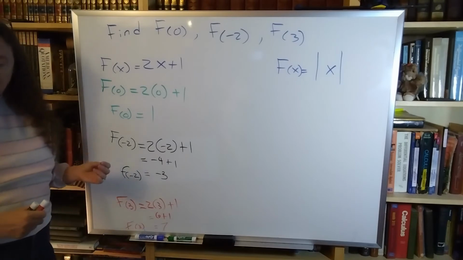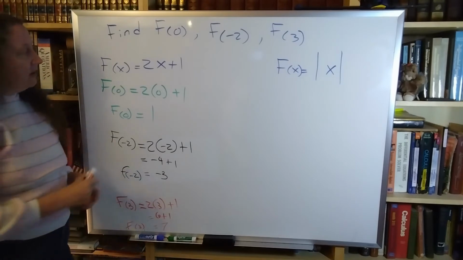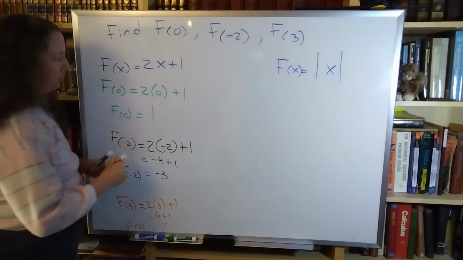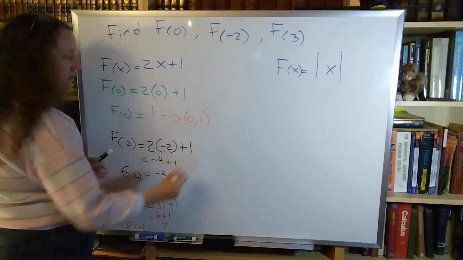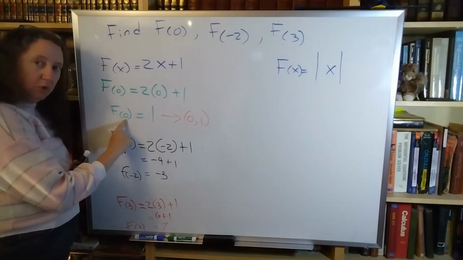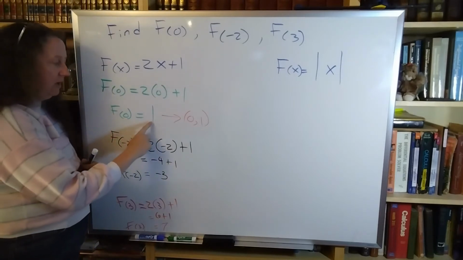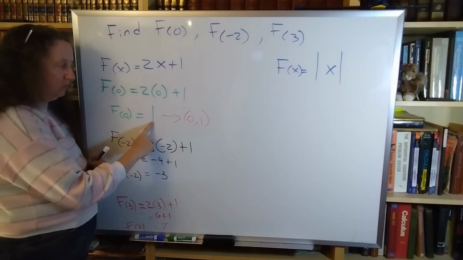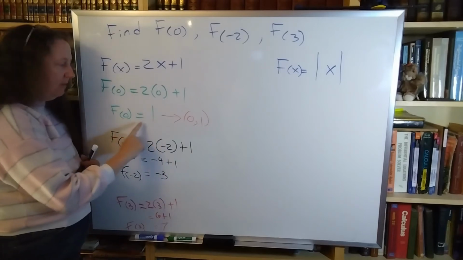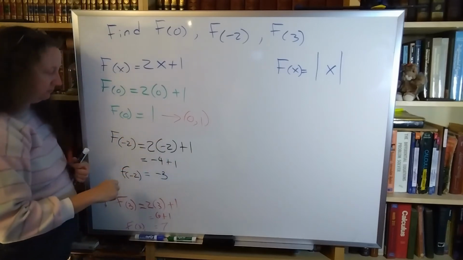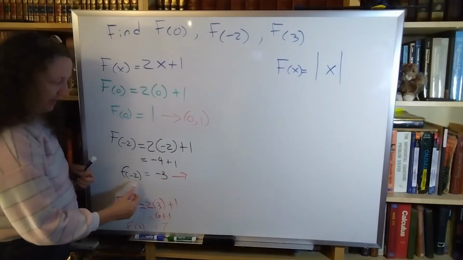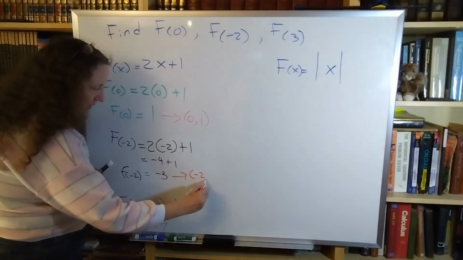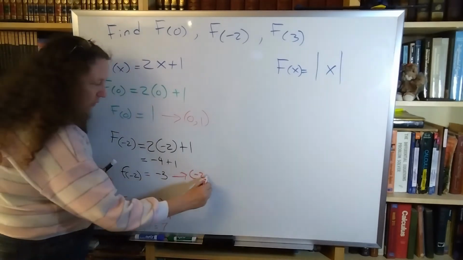Now, if we had to write these as an ordered pair, this would become 0, 1. My input, my independent, is 0. My output, my dependent, is 1. My x is 0. My y is 1. This one becomes negative 2 for x, comma, negative 3 for y.